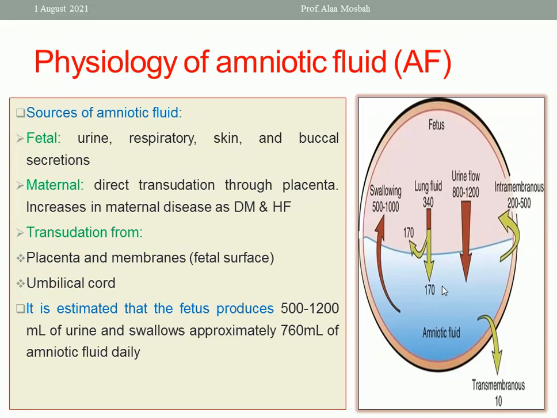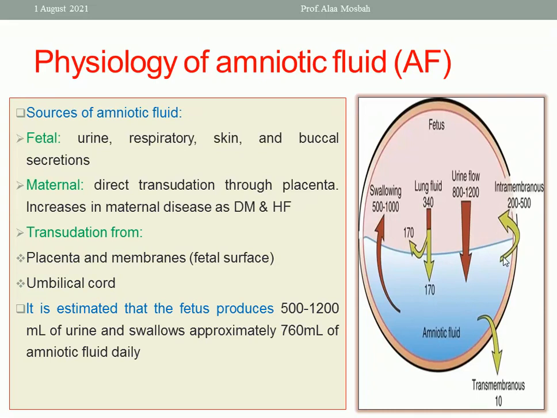And that's why there is increase in amniotic fluid in some maternal diseases like diabetes mellitus and heart failure, because there is increase in transudation in such conditions. Also, transudation from the placenta and membranes from the fetal surface, and also transudation from the umbilical cord.